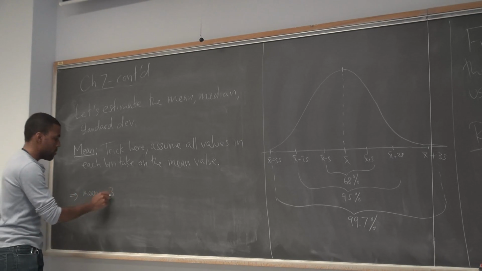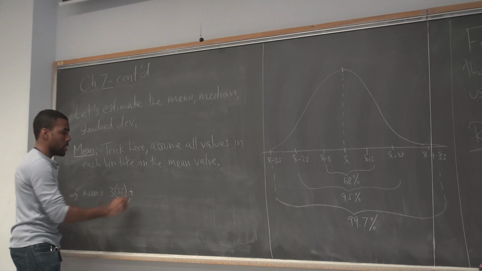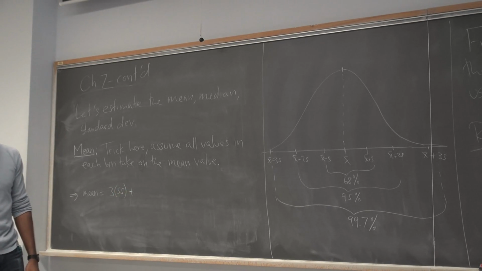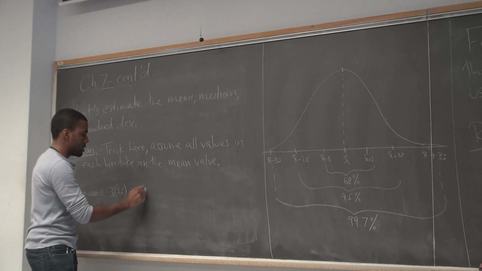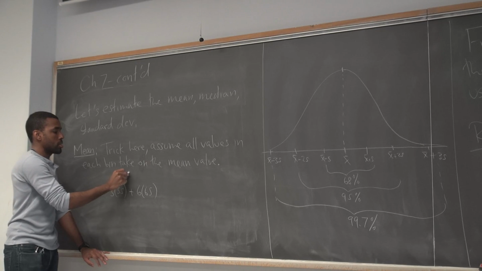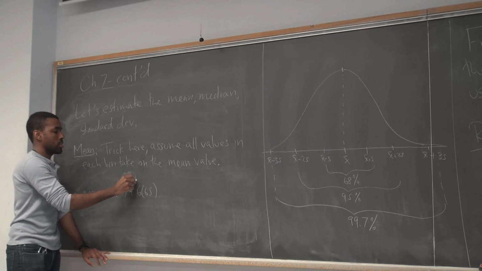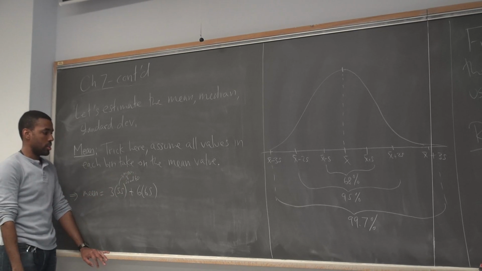So I'm going to add 3 55s, plus 6 65s. This is the mean of 50 and 60. Hopefully you can see that.